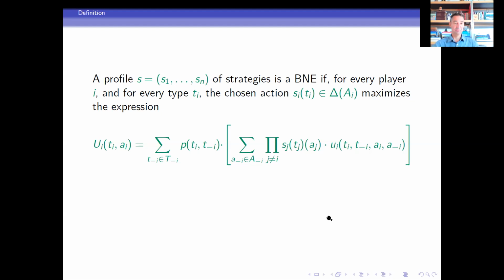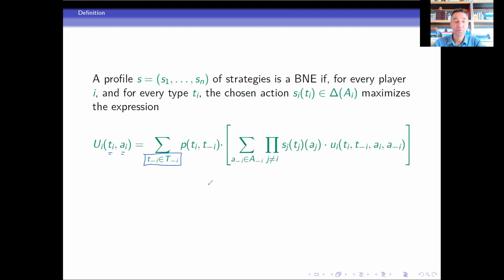So this looks very impressive. So maybe it's good to explain a little bit how you read this. So what is this saying? It is a summation over type profiles of opponents. Your type is currently t_i, and you chose action a_i, and then you get an expected payoff.